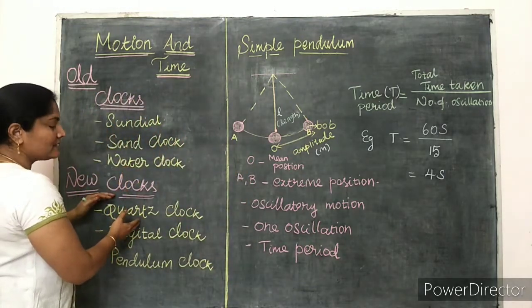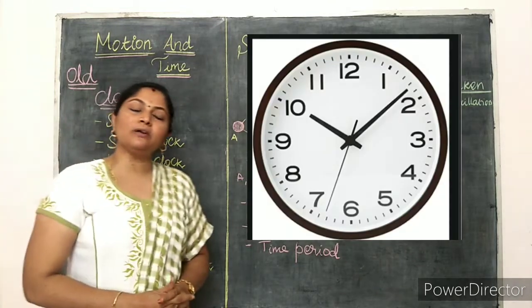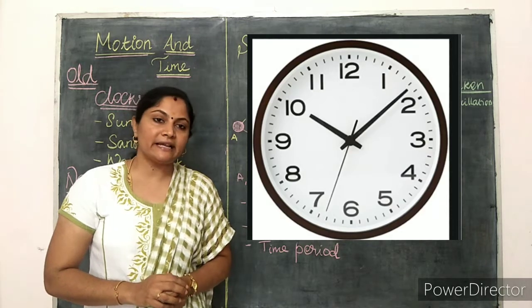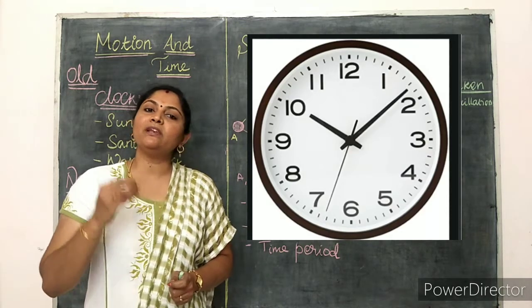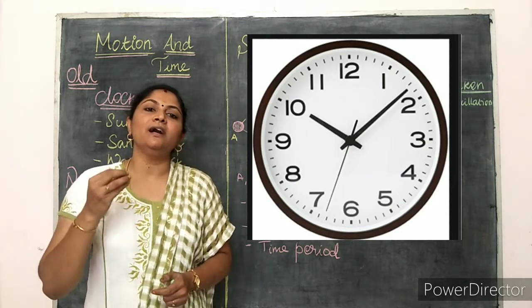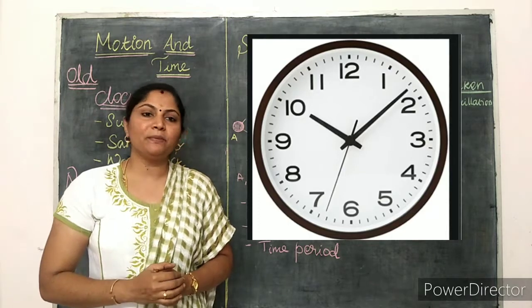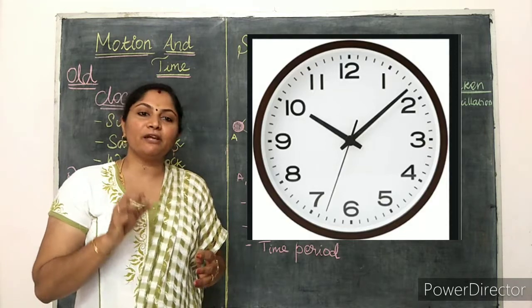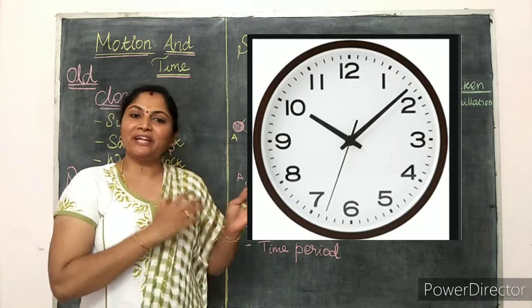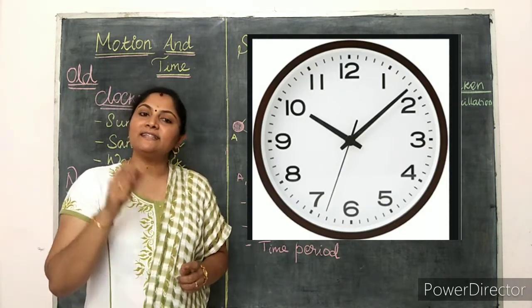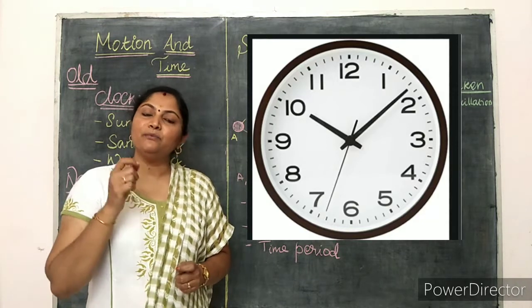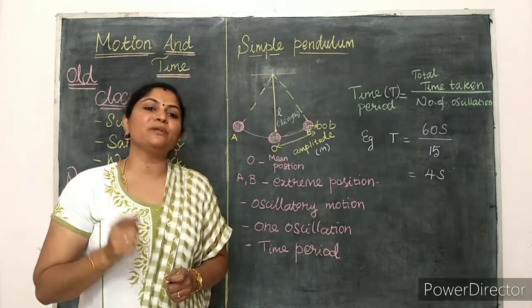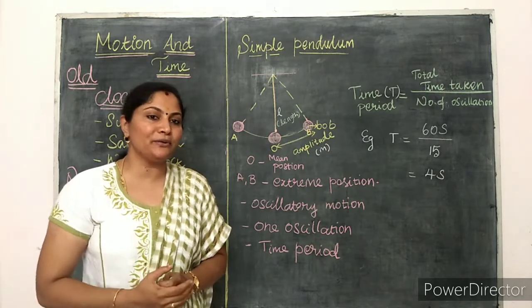In the quartz clock and the digital clock, we have electronic circuits inside the clocks, which cause a periodic motion. Already I told you, periodic motion means the motion that repeats itself at regular intervals of time. So inside the quartz clock, there is an electronic circuit which produces periodic signals with which it measures the time accurately.